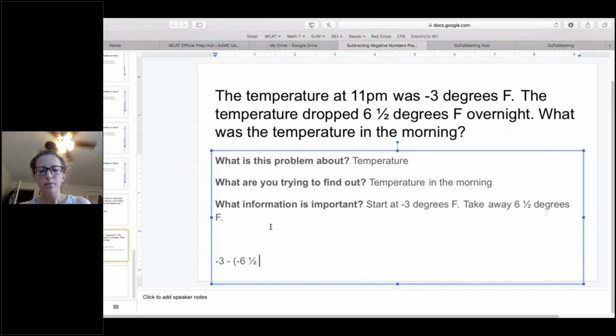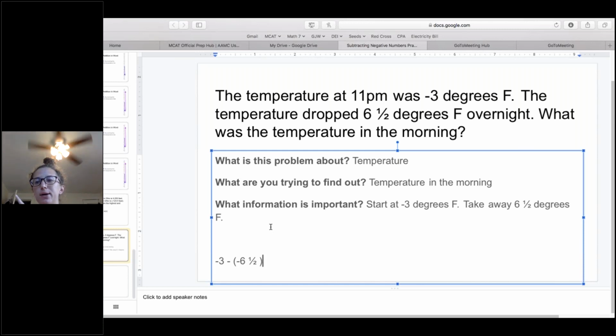Trick, I think this was my bad. Sorry. So I started at -3 and then I took away 6.5.